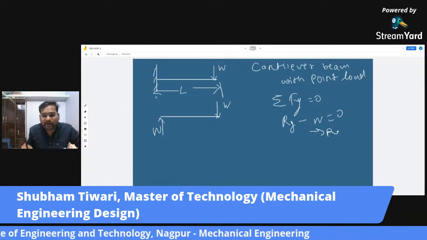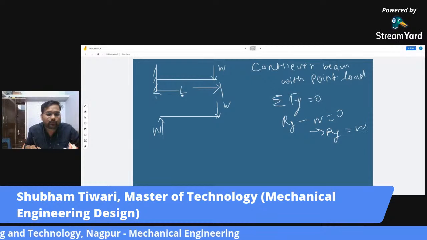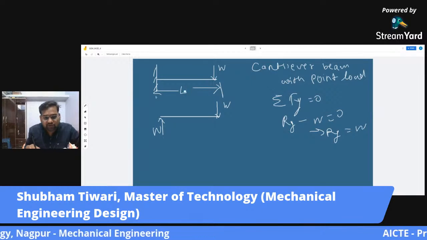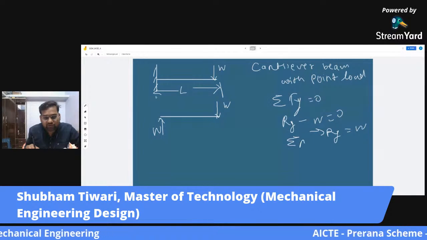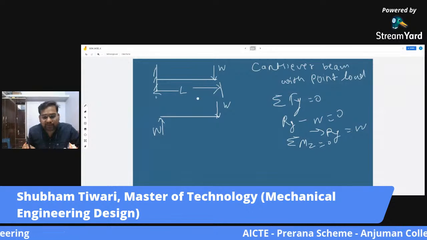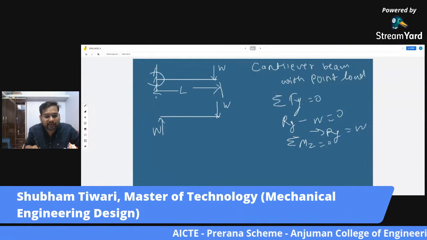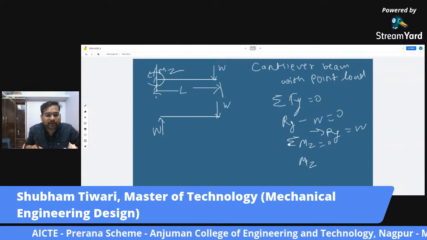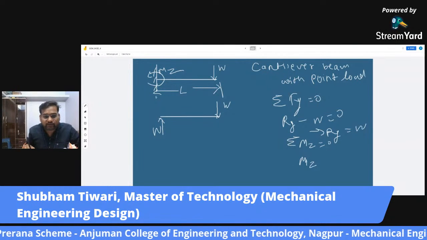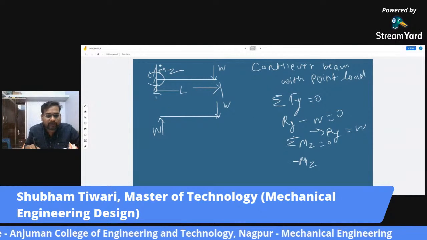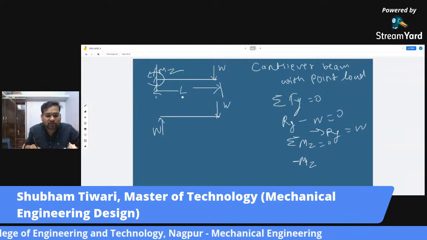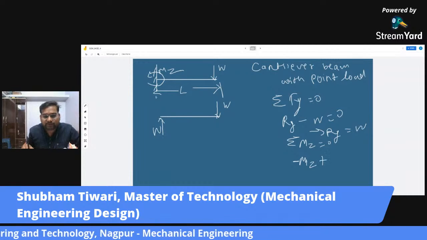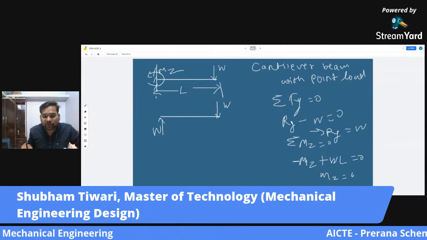So reaction in y direction has a magnitude W. If you do summation of moment about z axis equals 0, then there is just this reaction Mz. It is anti-clockwise, and this will cause a clockwise moment, plus W into L equals 0. So Mz equals W into L.